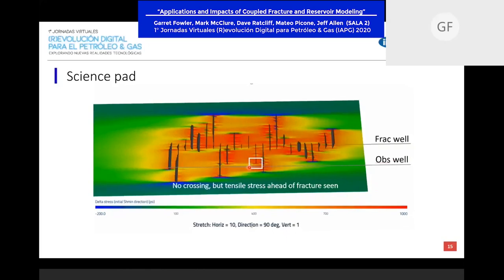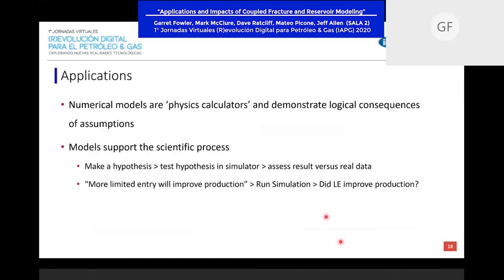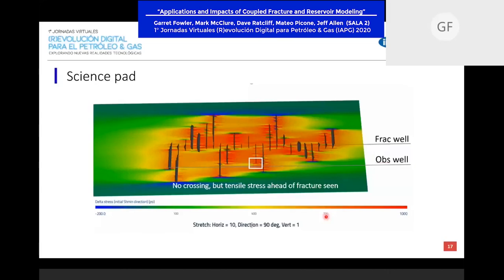We can see additional things like a fracture that doesn't quite cross, but you can see this yellow region right in front of the fracture tip that we may actually be able to see on the observation well as well. So in doing so, we can very finely tune both overall fracture length and geometries, but also the rate of propagation, which helps us tune things like rock toughness and the propensity to reactivate fractures if there's evidence of fracture reactivation.